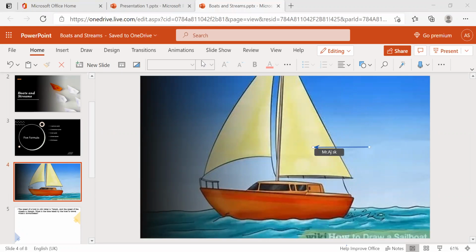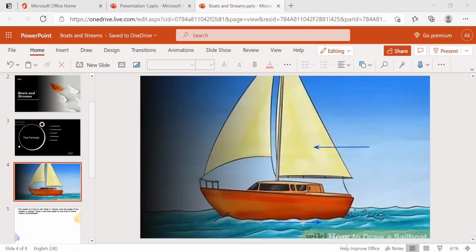We are moving this way, and at the same time this river is moving like this. So what will happen? The river or stream is moving against our boat, and the external force will reduce our speed.